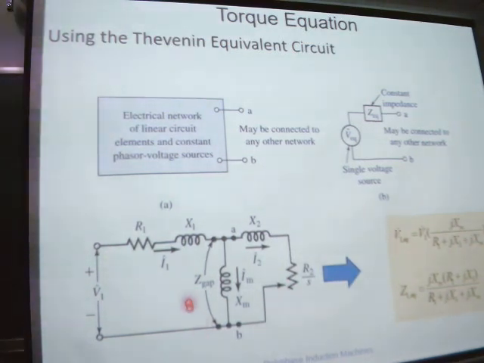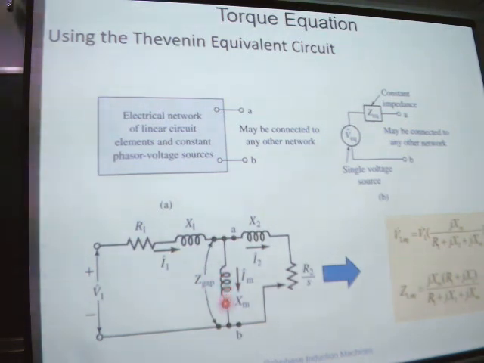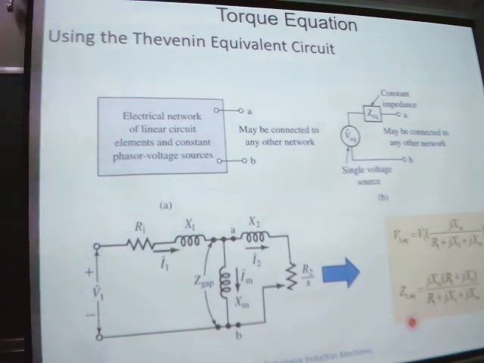Then you can calculate the equivalent impedance: R1 and X1 in series, and then in parallel with XM. So it's just like this.